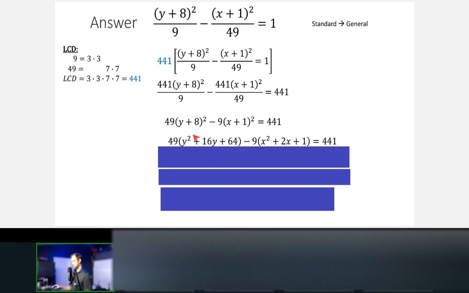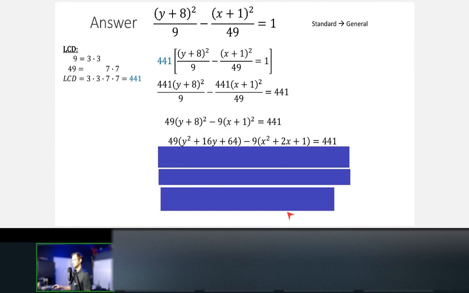Most of you in pre-calc should be able to go right from the binomial squared to the expanded form, because we all should know that 8 plus 8 is 16 and 8 times 8 is 64. So it's okay to go from here to here and vice versa, right? Should be able to go both directions. And same thing for here. This expands to this. 1 plus 1 is 2. 1 times 1 is 1.